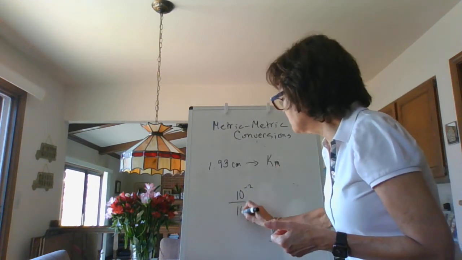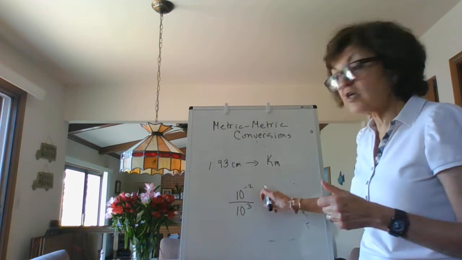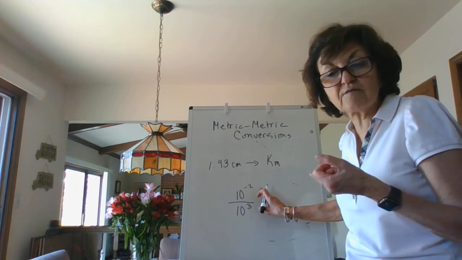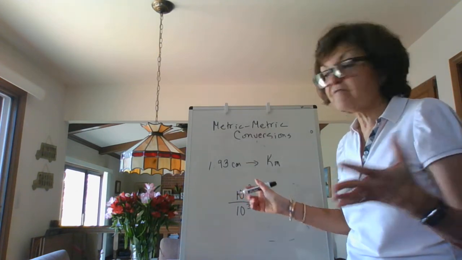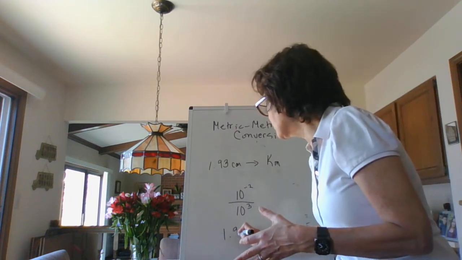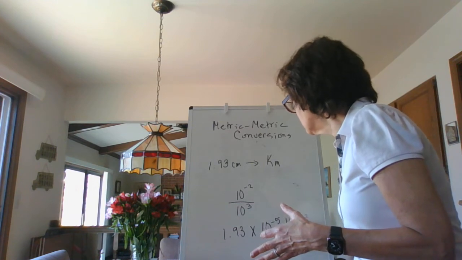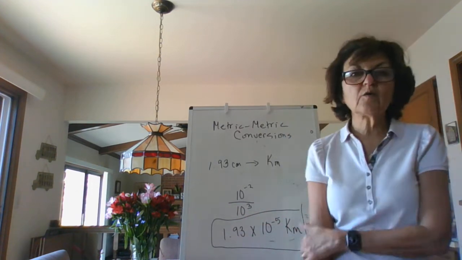Kilo is 10 to the positive 3, right? Okay, bring this to the top. It changes the sign. So instead of being positive 3, it becomes negative 3 up here. Negative 3 and negative 2, negative 5. So 1.93 times 10 to the negative 5 kilometers. That's the quickie way of doing it.